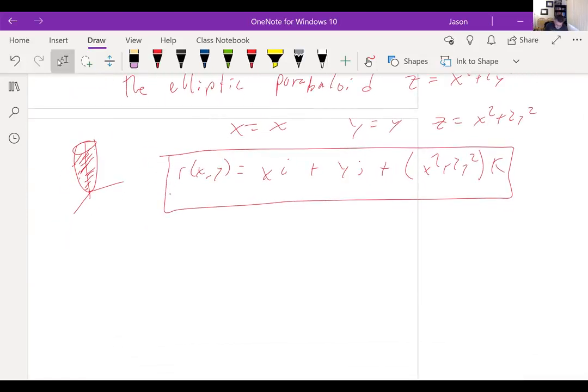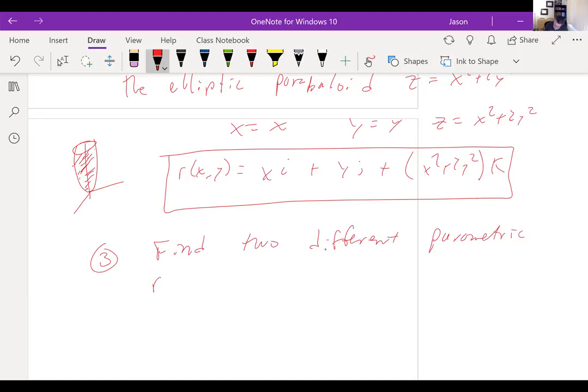Okay, number 3. Find 2 different parametric representations of z equals the square root of x squared plus y squared.